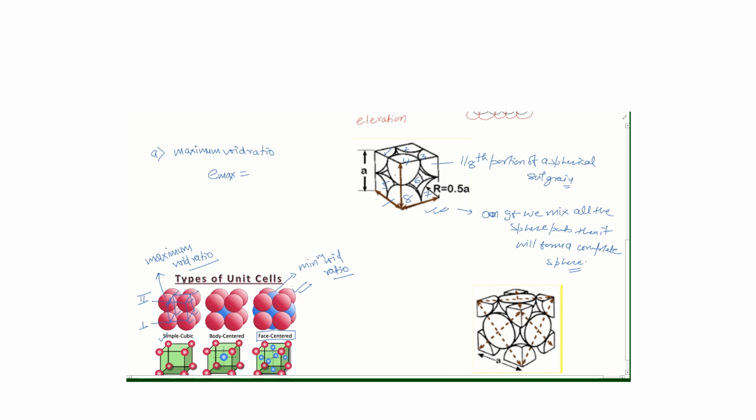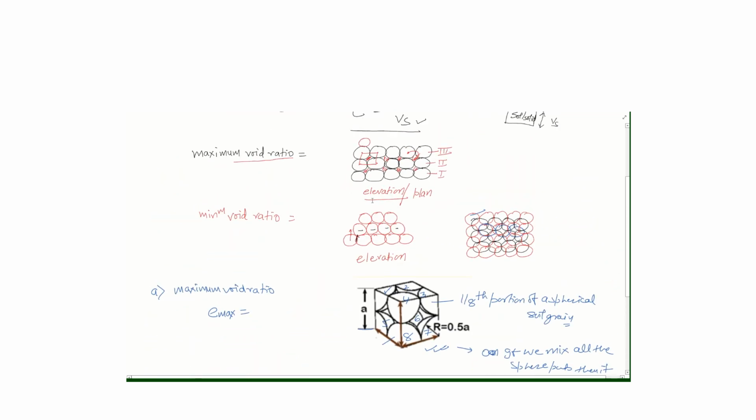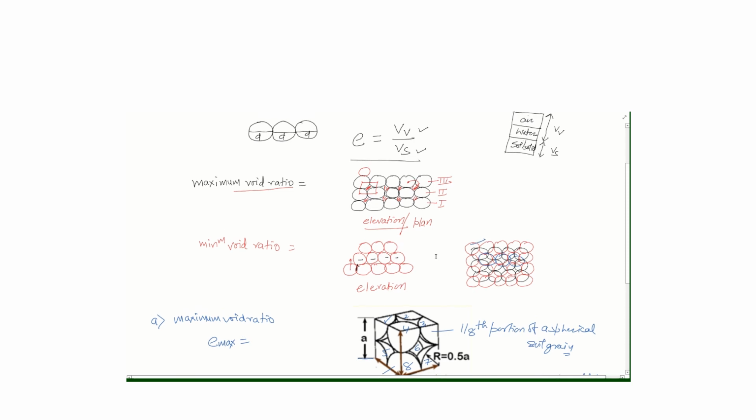Okay, so suppose I am taking this dimension as A, but I have denoted the diameter as D here.